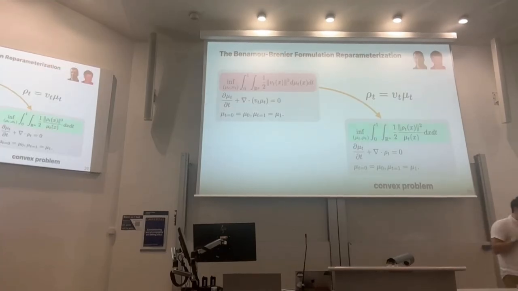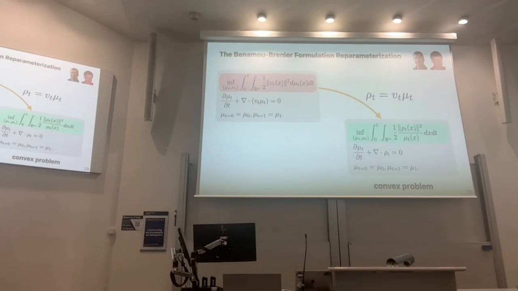As a parenthesis, people call this the Benamou-Brenier formulation, and they are mostly famous for reparameterizing this problem using a new variable, which makes it convex. Why am I saying this? Well, if you remember your convex optimization, usually if you have a variable x and another variable y, x squared times y is not a convex function.